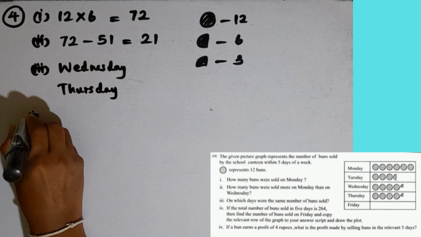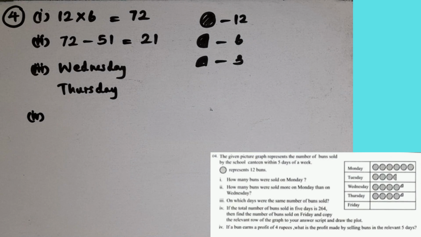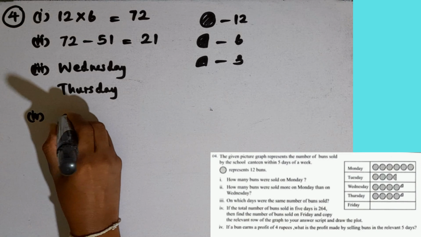Then part 4. If the total number of buns sold in 5 days is 264, find the number of buns sold on Friday and copy the relevant row of the graph to your answer script and draw the plot. First we have to find the total number of buns from Monday to Thursday. Monday we have 72.